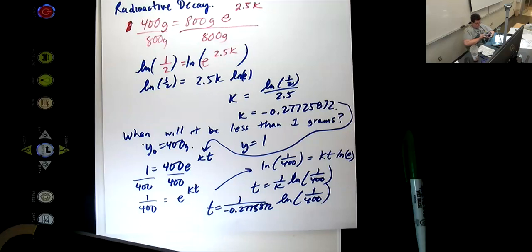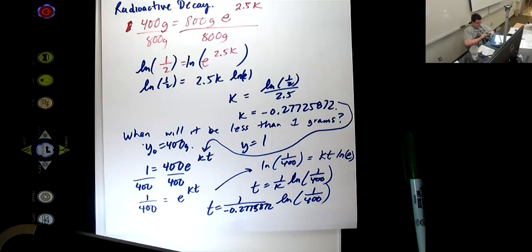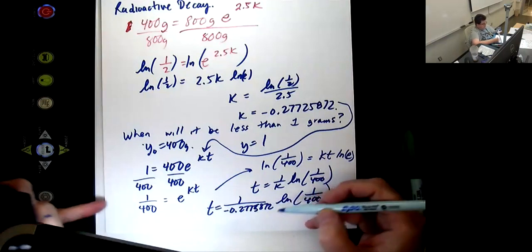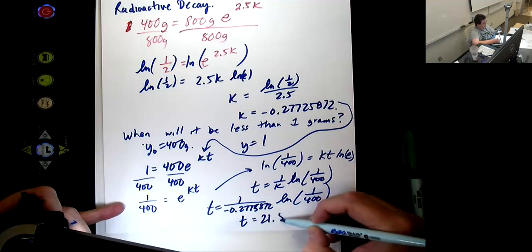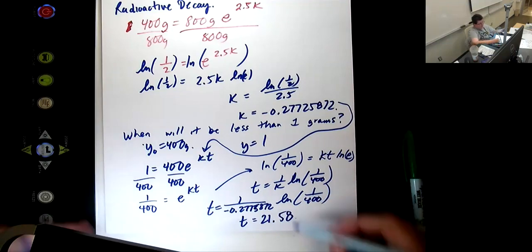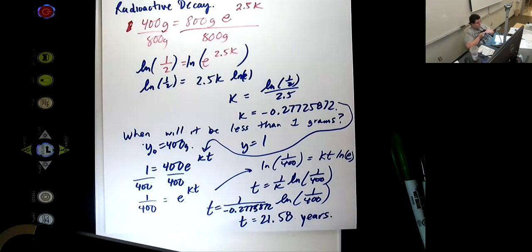Did that wrong. T equals 21.58 years. It seems kind of low, but it was cutting in half every 2.5 years.